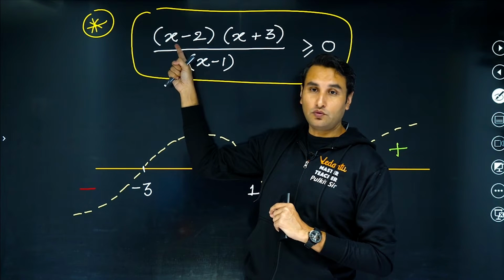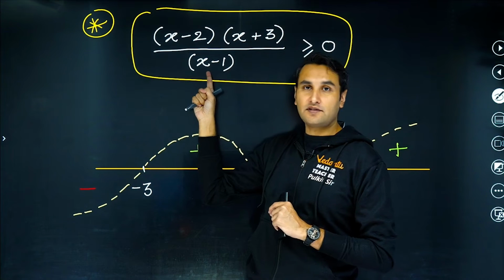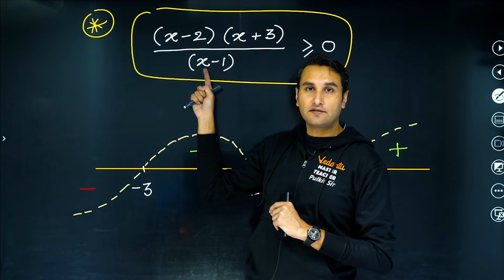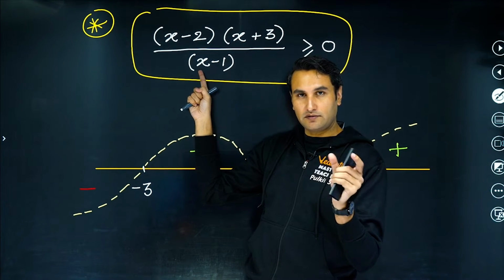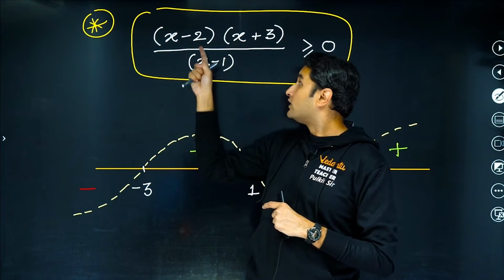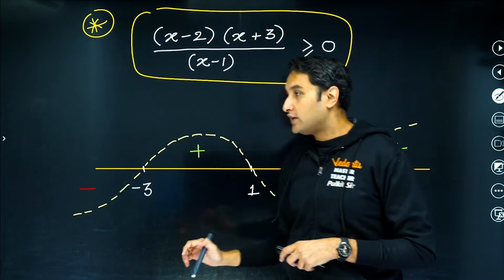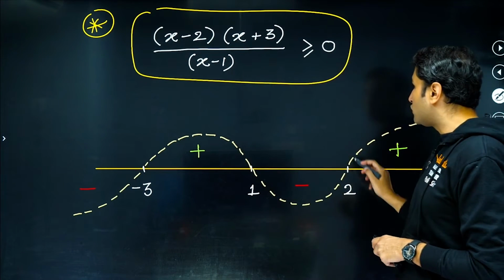The zero of this factor, the zero of this, the root of this. I am using zero and root, both are the same. Root of this, root of this, root of this: x equal to 2, x equal to minus 3, x equal to 1. Plot them: minus 3, 1, 2.